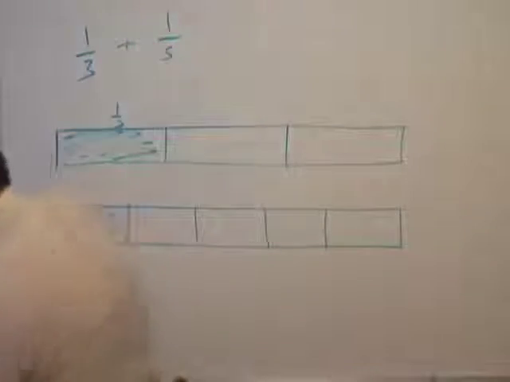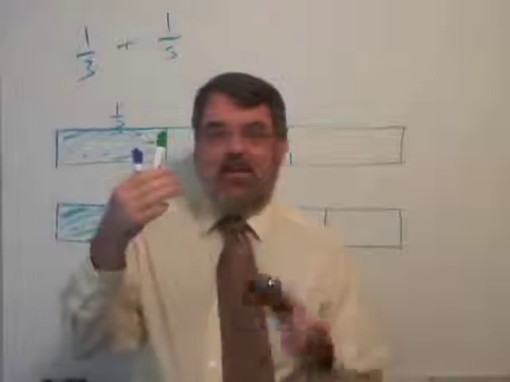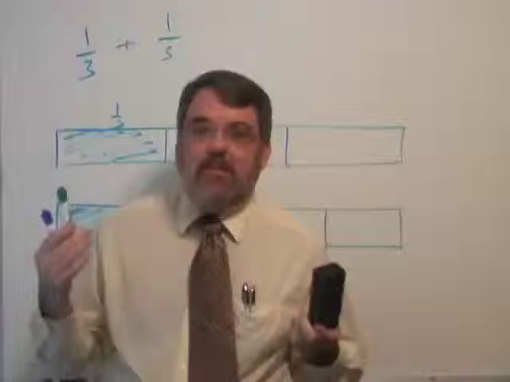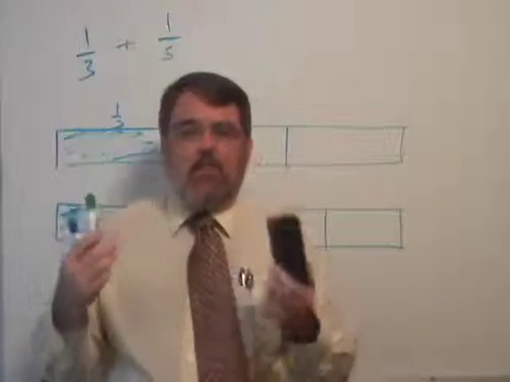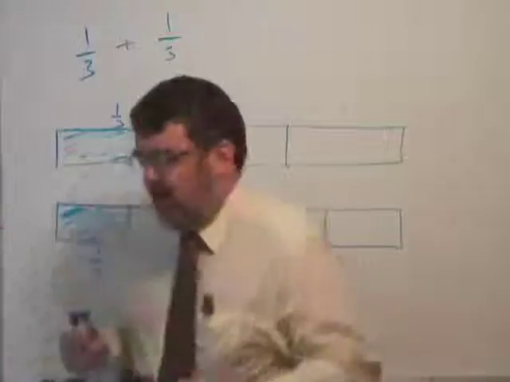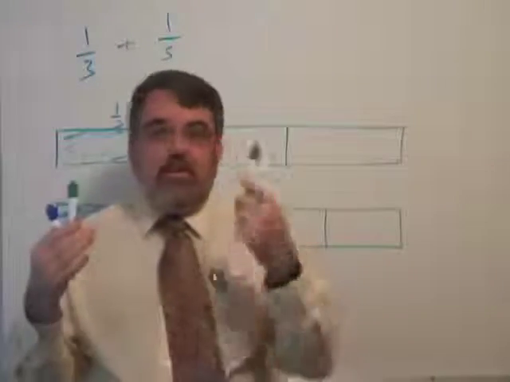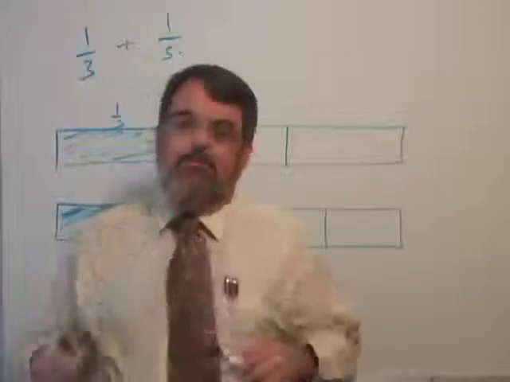However, I can't add 2 pens and 1 eraser. I get 2 pens and 1 eraser. It's like adding 2x plus y. I can't simplify that. Whereas if I had 2x plus 1x, I would get 3x.